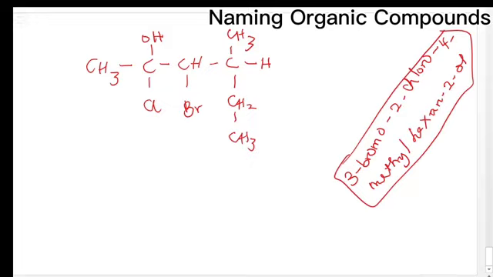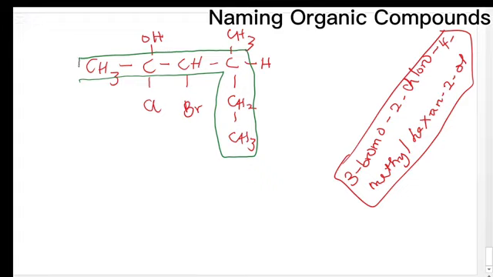The longest carbon chain, just like you said, is 1, 2, 3, 4, 5, 6. This is 6, the longest carbon chain. Now, the first thing to do is to identify the functional group, which is the OH here, and we need to know the closest position. If you are taking it this way, 1, 2, 3, 4, 5, and 6, your OH is on position 2.